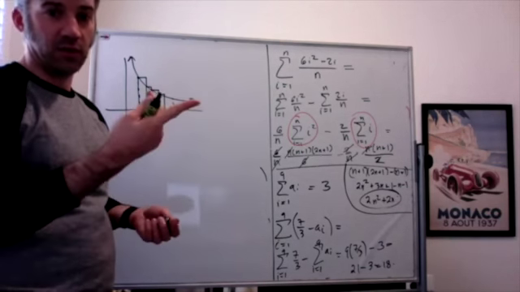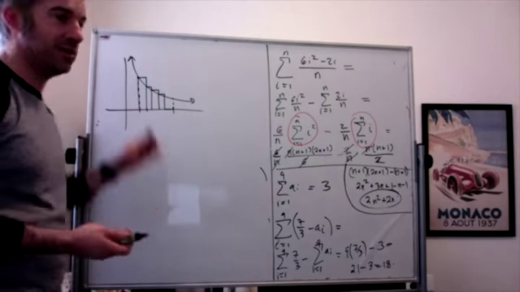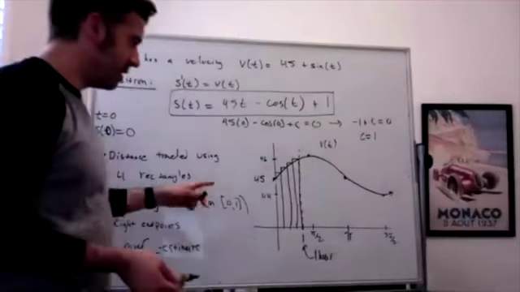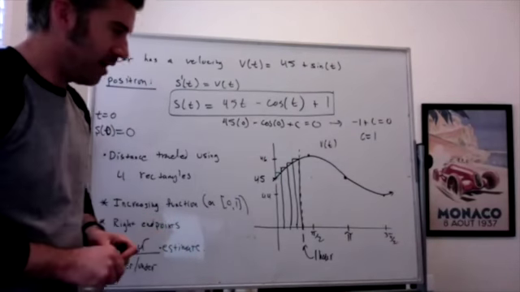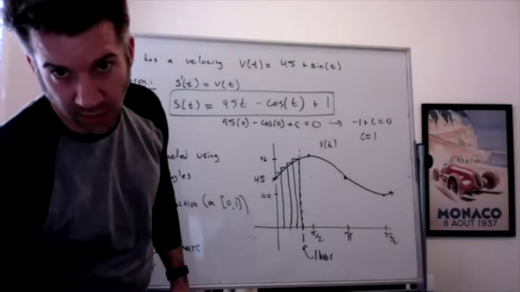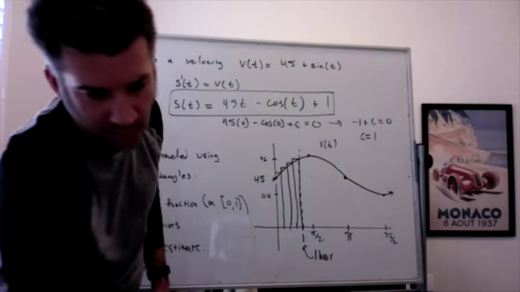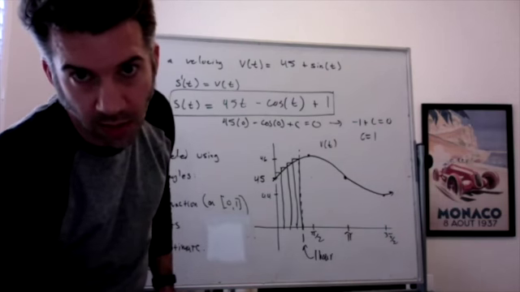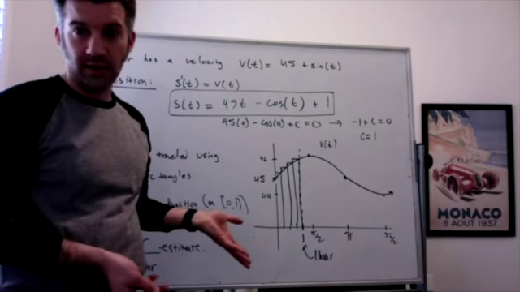And then the reverse: if you're decreasing and using right endpoints, you're going to get an underestimate. And if you're increasing using left endpoints, you're going to get an underestimate. If you're fluctuating, it's not easily knowable whether you're under- or overestimating. So that's all I have to say about the quiz.